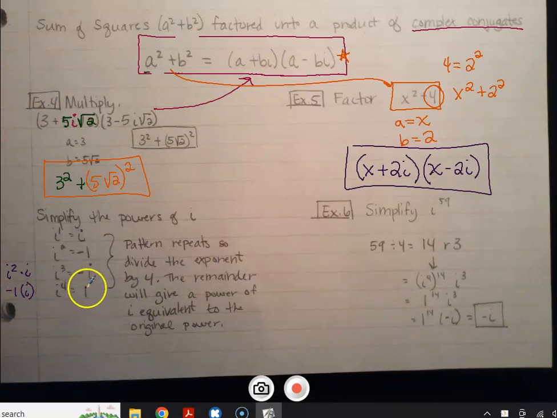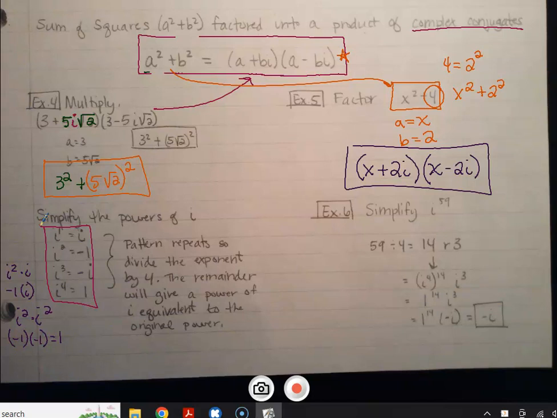And then i to the fourth is +1, because it's the same thing as i squared times i squared, which is -1 times -1, which equals +1. Okay, so these things repeat each other all the time. Every fourth one, this pattern repeats.